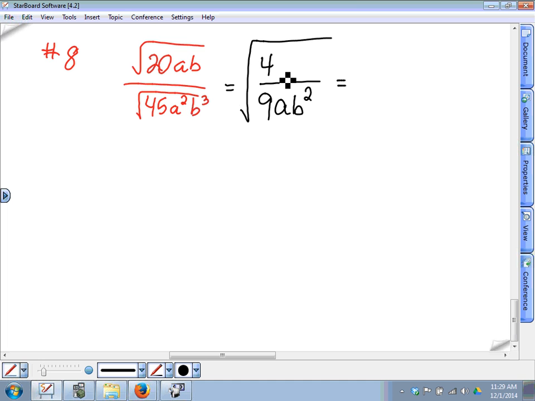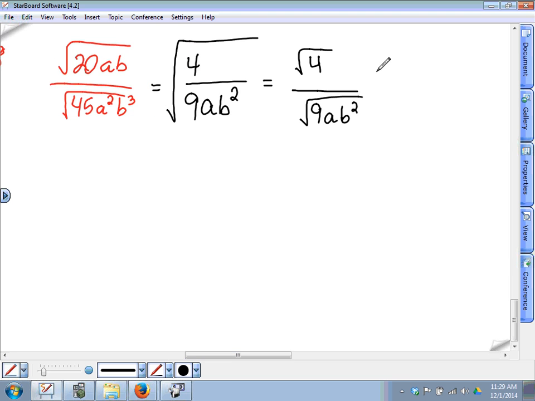But now we still have a fraction here, so you're going to want to separate this back into separate square roots and then simplify each root. Square root 4 is 2.